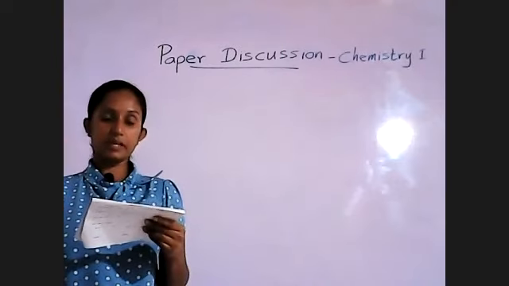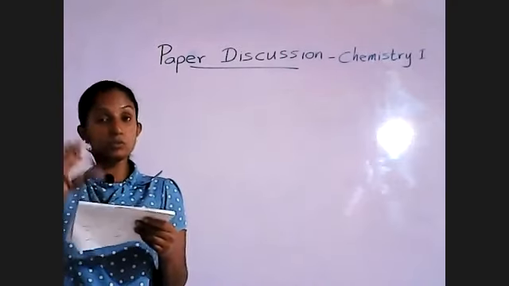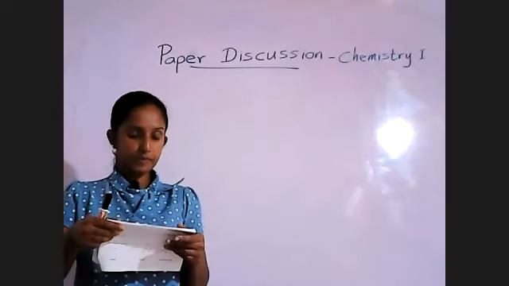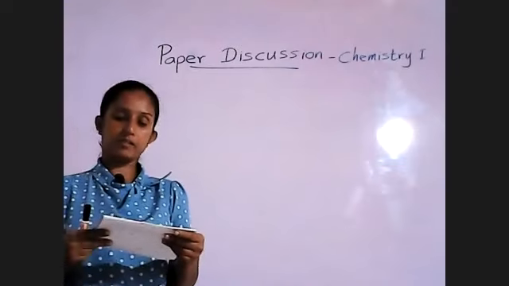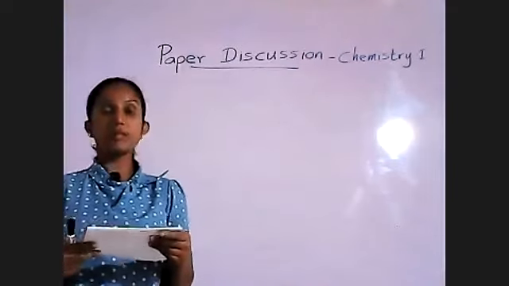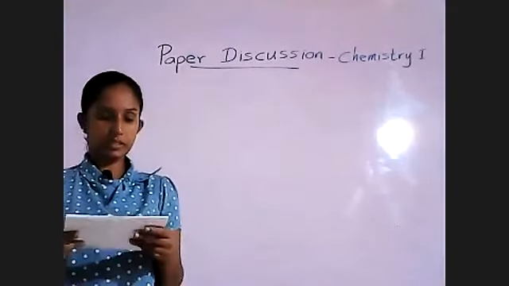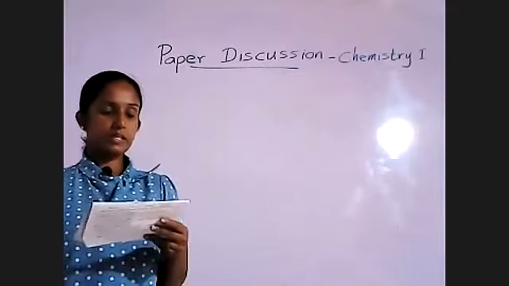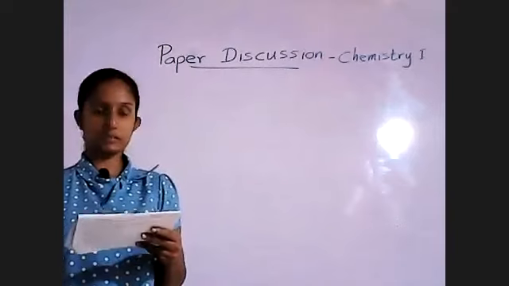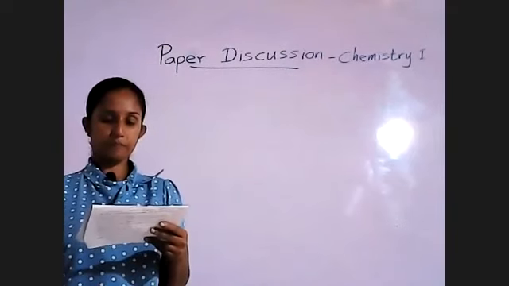They are not used up in the reaction. Look at C. A small amount of the catalyst is adequate for a large amount of reactant. Yes, that is correct. Then B and C only. A is wrong. So the second answer, B and C.